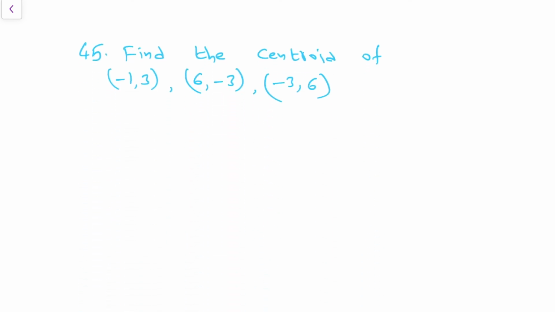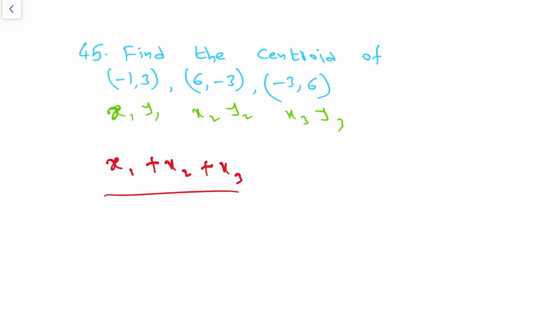Next, find the centroid of the triangle whose vertices are (minus 1, 3), (6, minus 3) and (minus 3, 6). This can be written as x1 y1, this is x2 y2 and this is x3 y3. So the formula for finding the centroid is (x1 plus x2 plus x3) by 3 comma (y1 plus y2 plus y3) by 3.